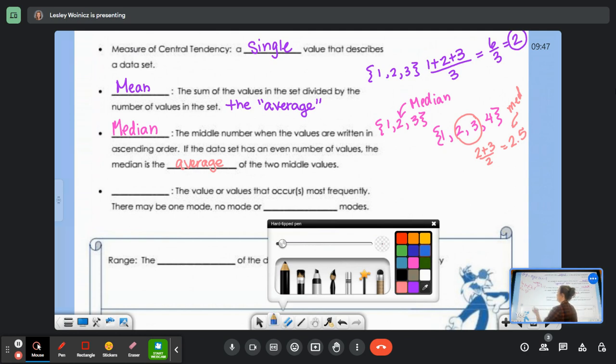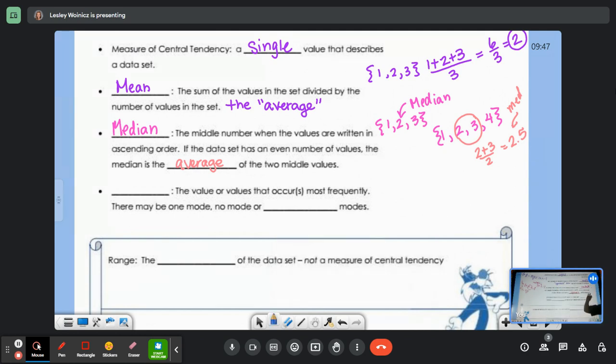Okay, the last measure of central tendency is the mode. This is my favorite because it's the least amount of work. This is the number that's the most repeated. You can either have one mode, no mode, or many modes, depending on your data set.